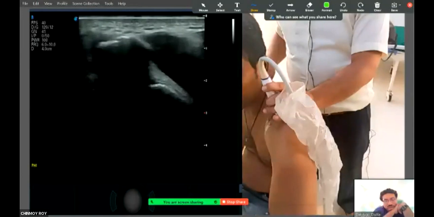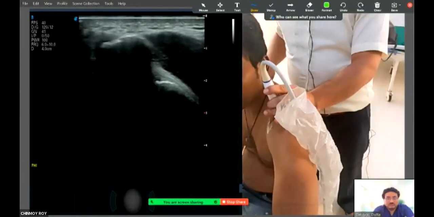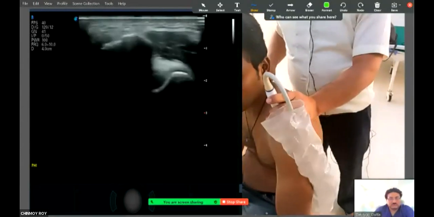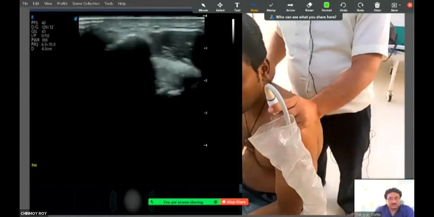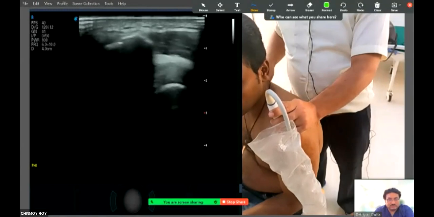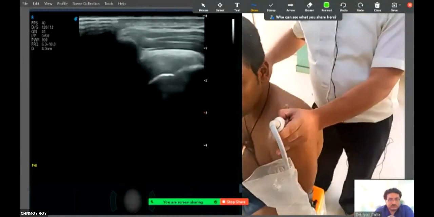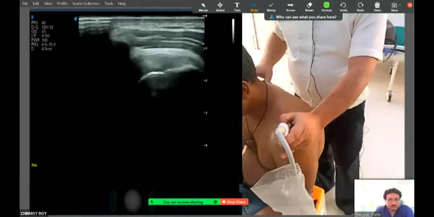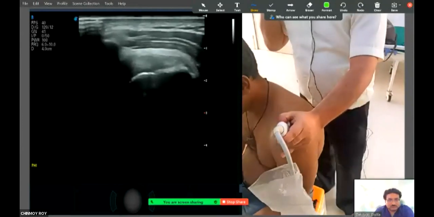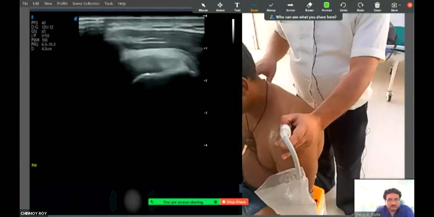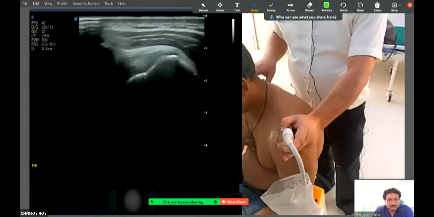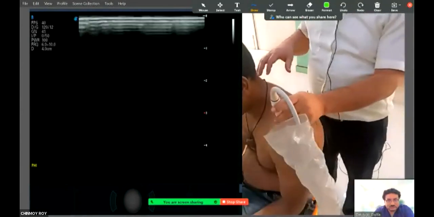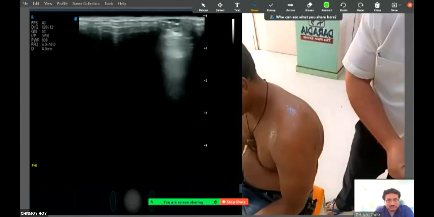That is the area where impingement will occur if the width of the subacromial space is not adequate. So what is the reason the width will go down? If there is an osteophyte coming from the acromion, and there are other reasons also you see in theory why the distance of the subacromial space decreases. So this is one impingement.